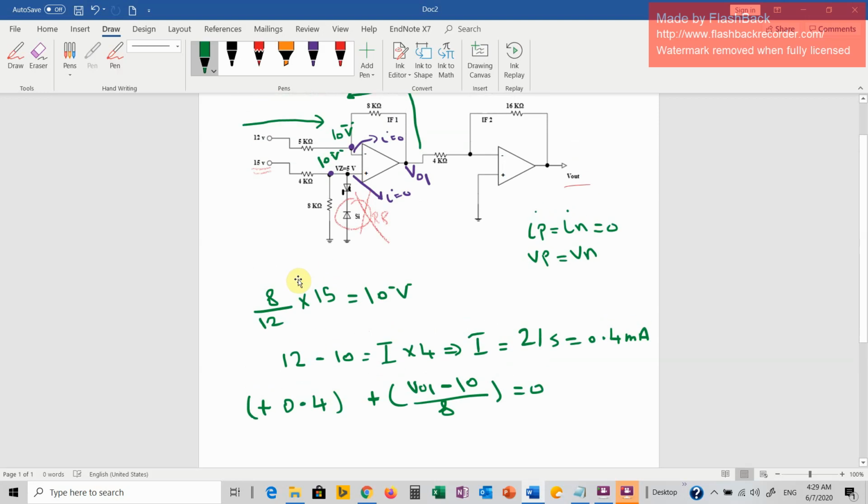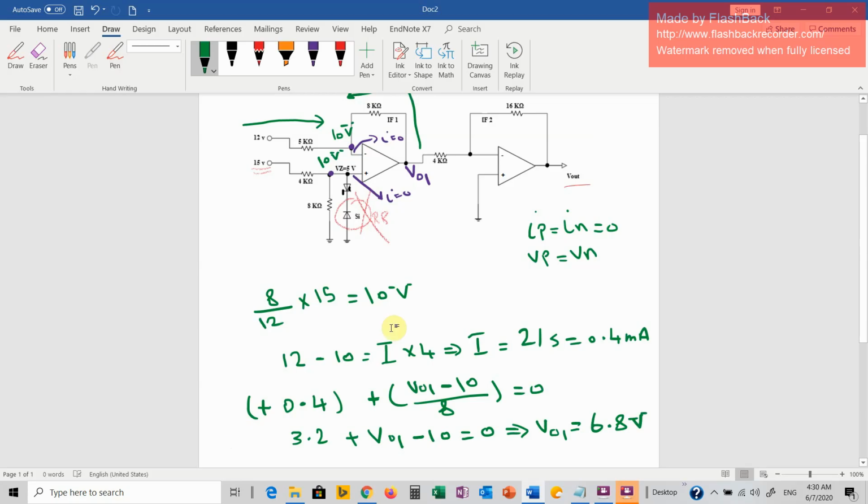If I multiply this by 8, for example, this is going to be 3.2 plus V out 1 minus 10 is equal to 0. That leaves V out 1 equal to 6.8 volts.